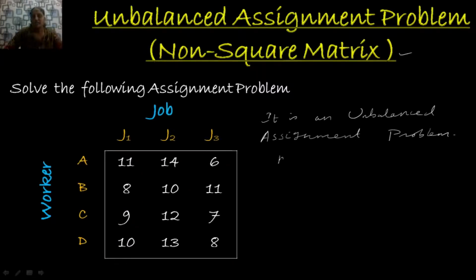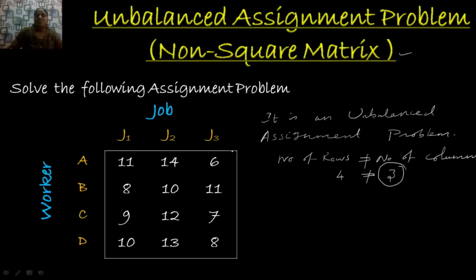So here number of rows is not equal to number of columns. That is the meaning of unbalanced. If the number of rows is equal to number of columns, that's a balanced one. So here there are 4 rows, but we have only 3 columns. So to make it a balanced one, we have to introduce one more column.